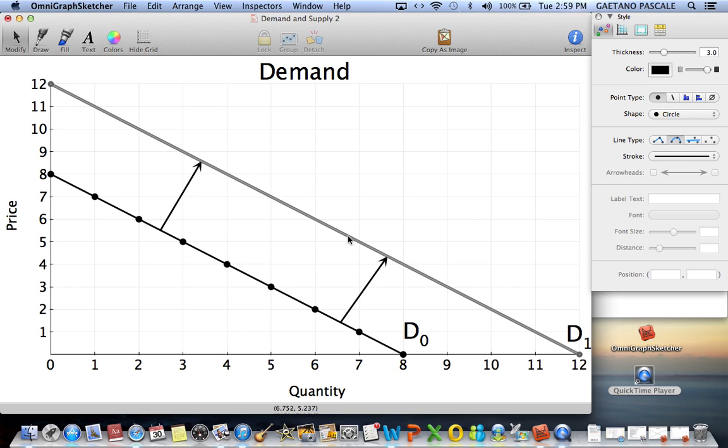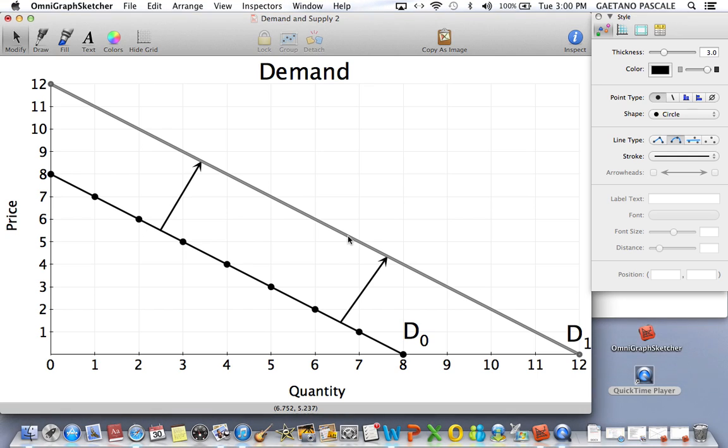So make sure you understand the difference between those two. A change in demand means that the demand curve physically changes its location. It either shifts to the right, it used to be D0 and it's now D1, or it could shift inward into this area in here. That is a change in demand. A change in demand means that the demand curve physically changes its location. It shifts upwards or it shifts downwards.